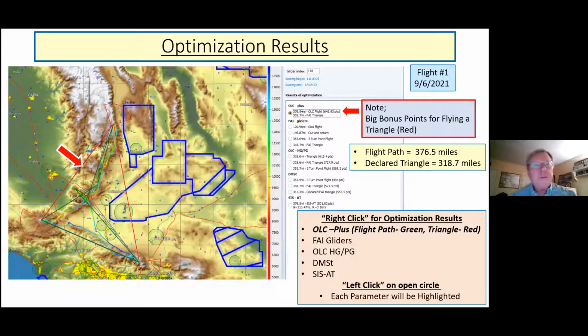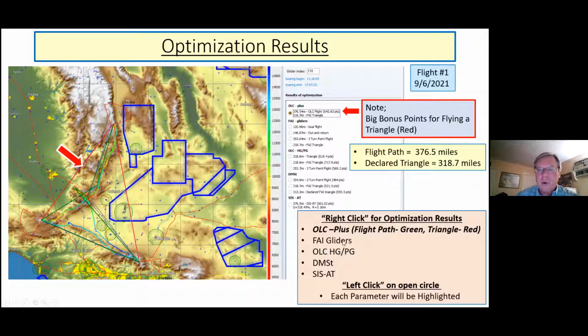So when you download your flight, your IGC, that stands for International Glider Council, as I recall, that's the format of the file. When you download it using CU, if you press the right button of your mouse, you get all these parameters shown over here on the right-hand side.